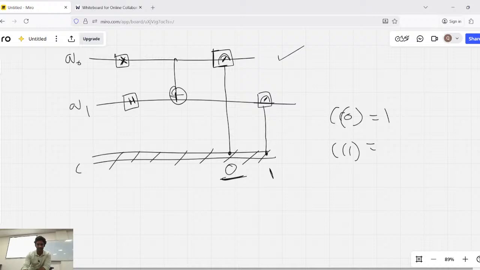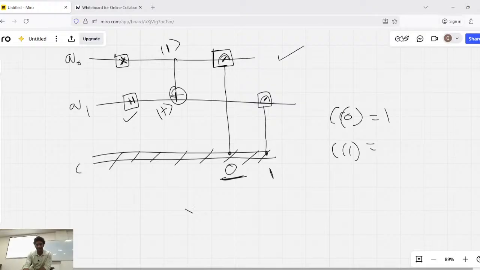Why? Because I applied a Hadamard gate, bringing my Q1 to a superposition state, right? So as I brought my Q1 to a superposition state, I am applying an X operation here. Why? Because here my control is 1, since I applied an X gate. So as my control became 1, I need to apply an X operation to my Q1 as well. My Q1 is in a superposition state, it's in a plus state.